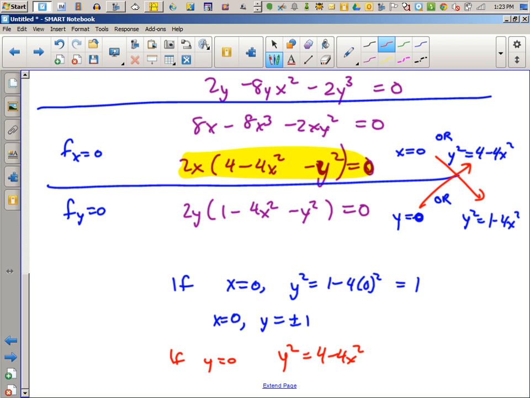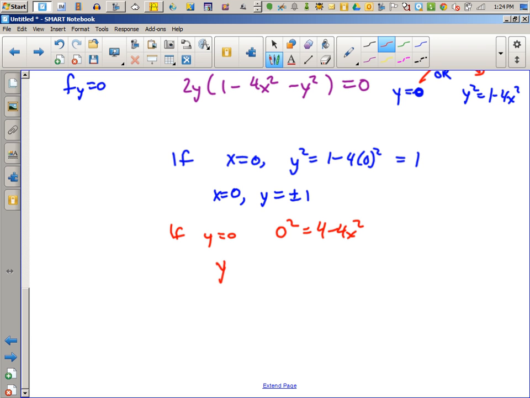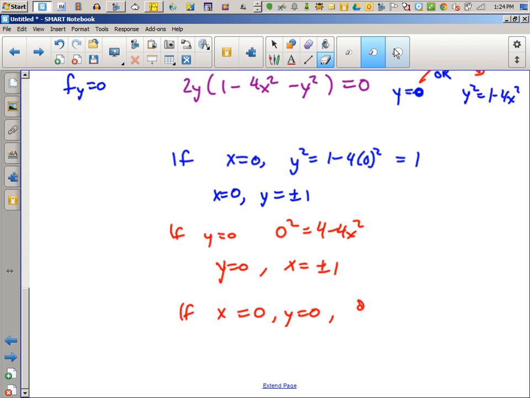And from this, I get y equals 0, x is plus or minus 1. And then, of course, there's the possibility that x and y are just plain both 0, and that works too. If x equals 0, y equals 0, then both derivatives are 0. That was just more of an observational thing. I just noticed that right away.